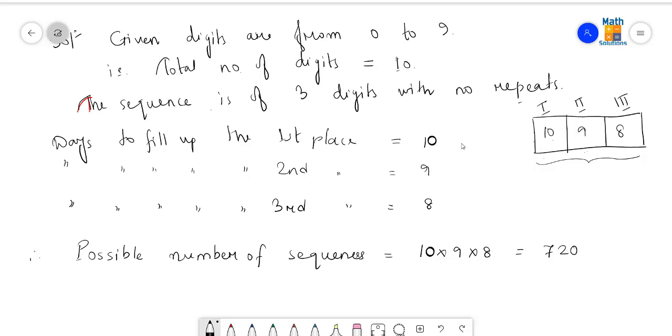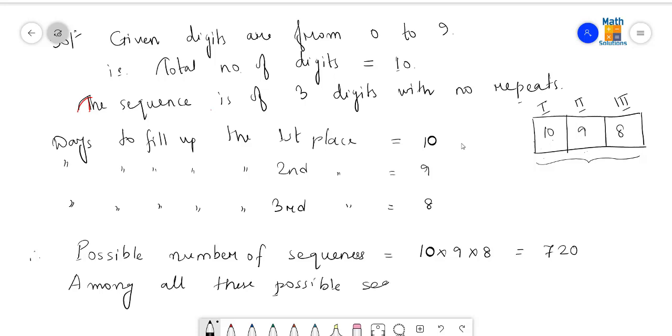Now for getting the main answer, out of these possible sequences, for the password only one sequence is possible, yes or no? So that's why we are going to write, among all these possible sequences.